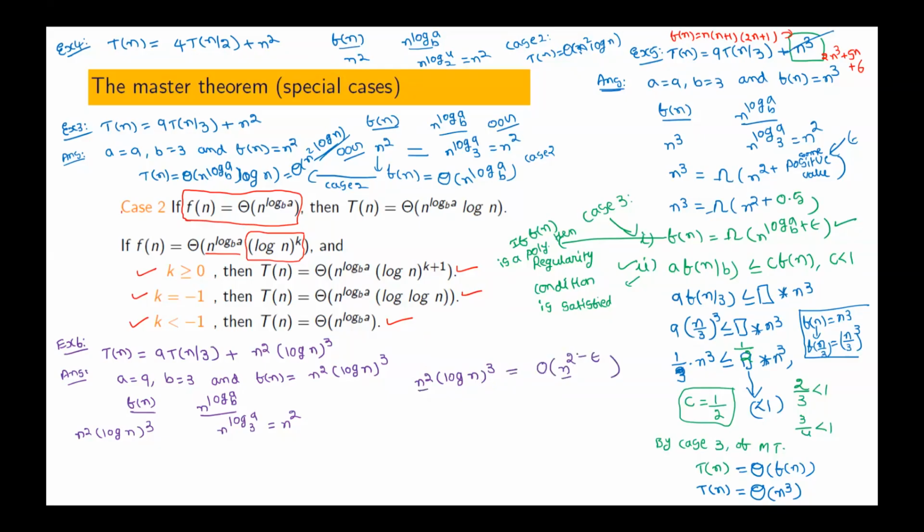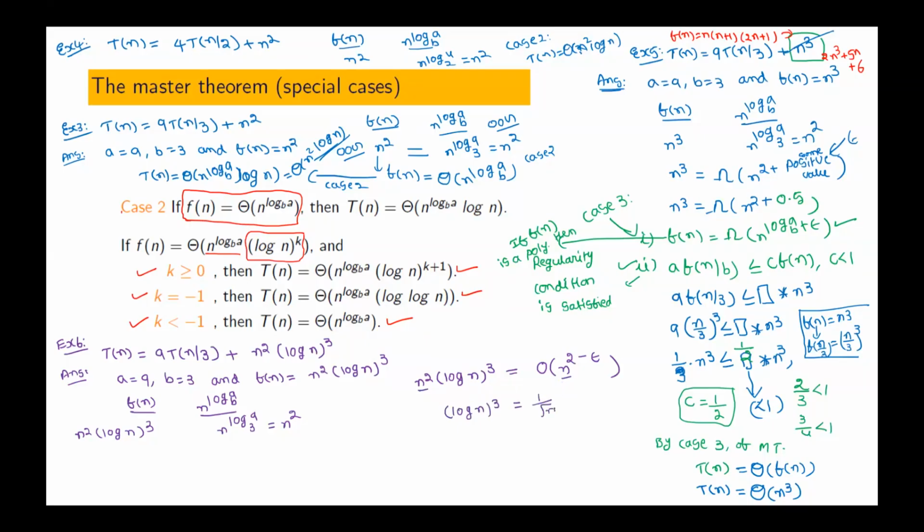If I subtract some value from this, whether this condition holds or not. Log n whole cube, if I take epsilon as, say, 1 by 2, then it becomes 1 by root n.